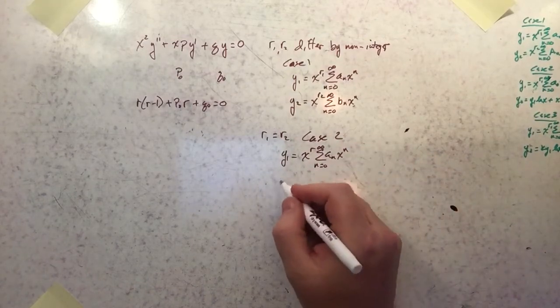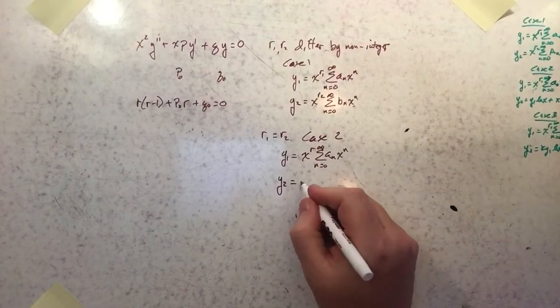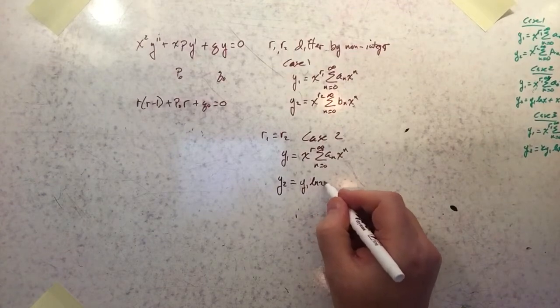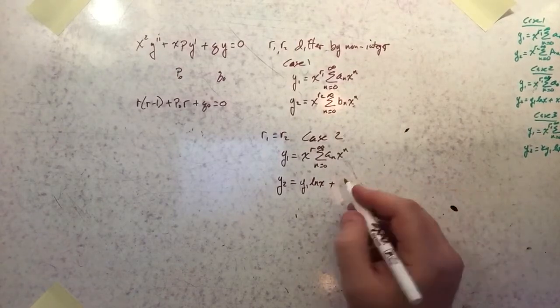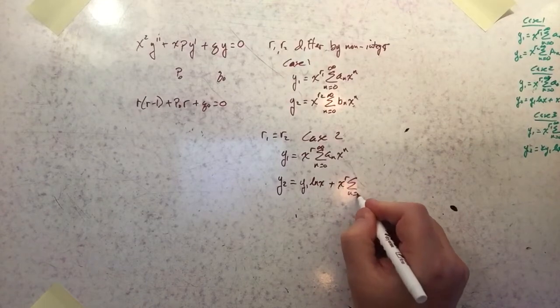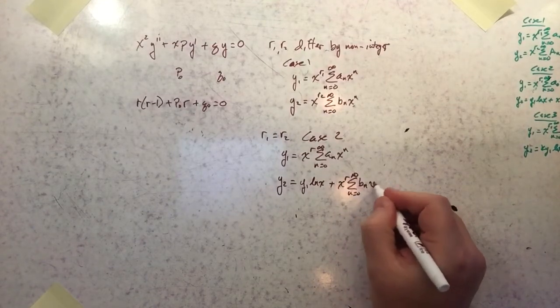And so it shouldn't come as a big surprise that y2 is equal to whatever your y1 solution is times the ln of x. And then, of course, you need a series for the additional coefficients that might come out of it. So it's x to the r summation n equals 0 to infinity of bn x to the n.